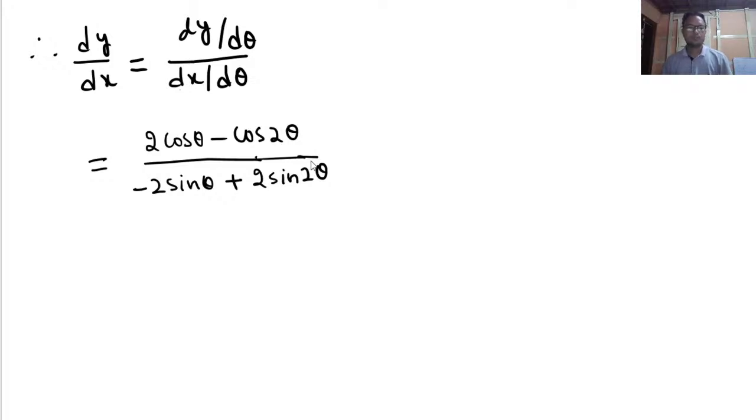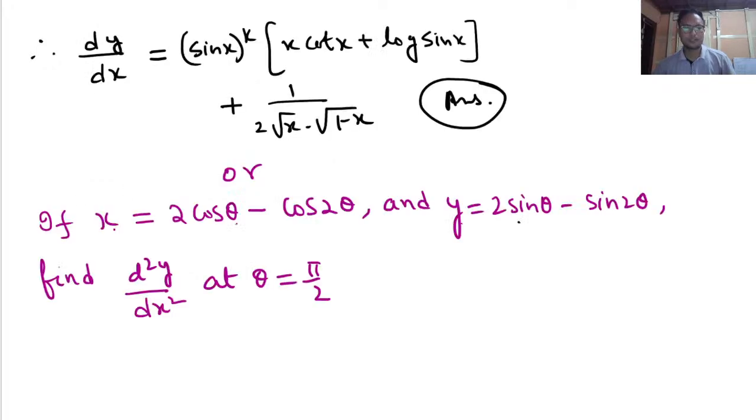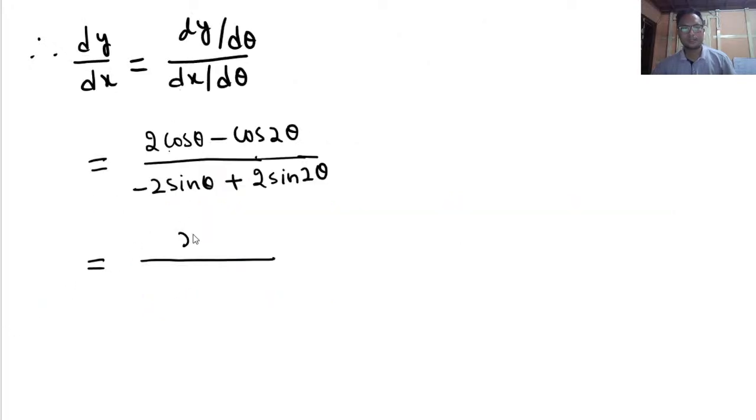Now we need d2y by dx square. Further, we have 2 cos theta minus cos 2 theta in the numerator, and we can substitute this value. How about the denominator?